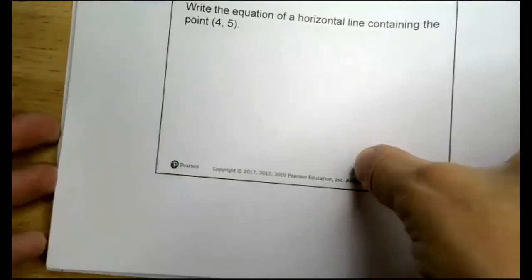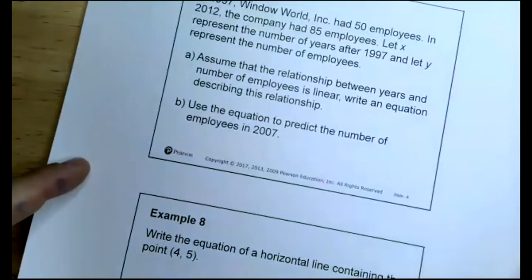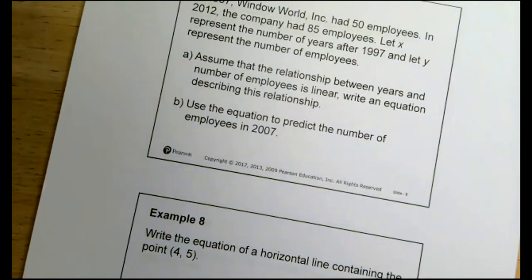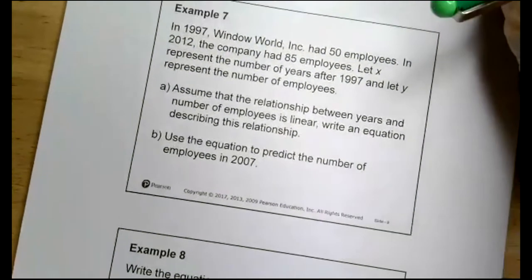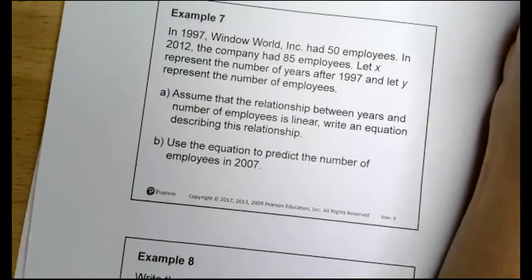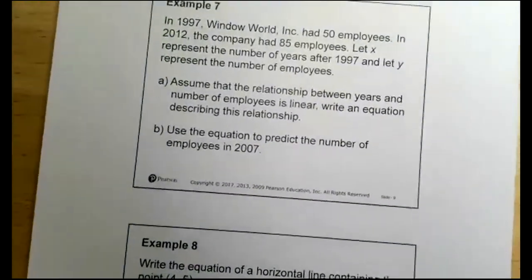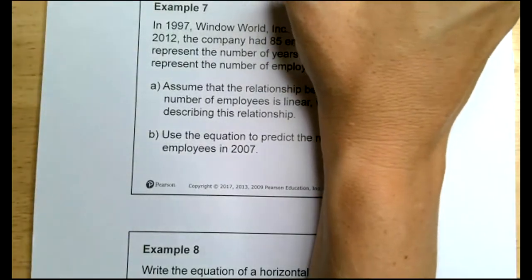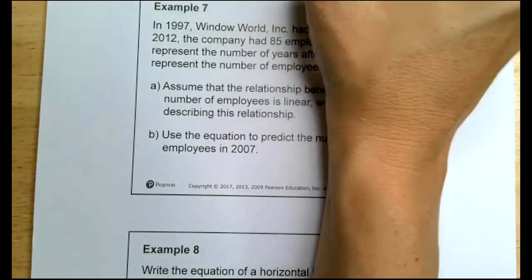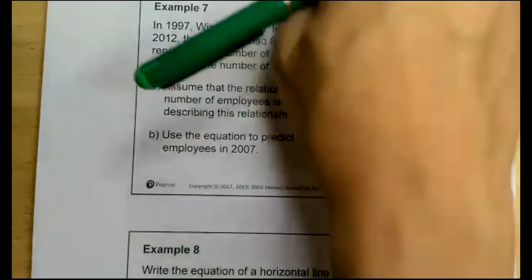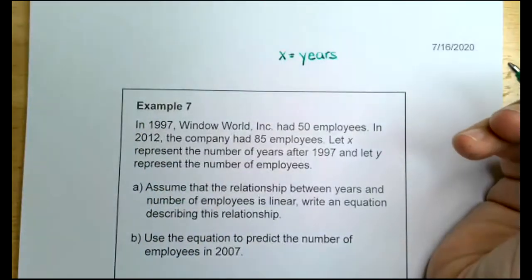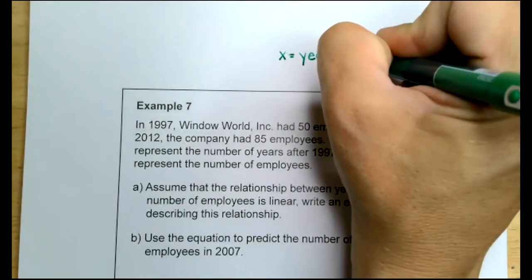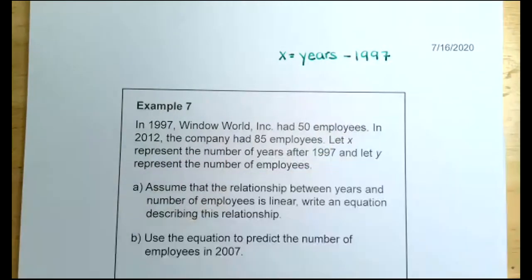In 1997, Window World Inc. had 50 employees. In 2012, the company had 85 employees. Let X represent the number of years after 1997 and let Y represent the number of employees. So X is years, but it says years after 1997, so I'm going to write that as years minus 1997.